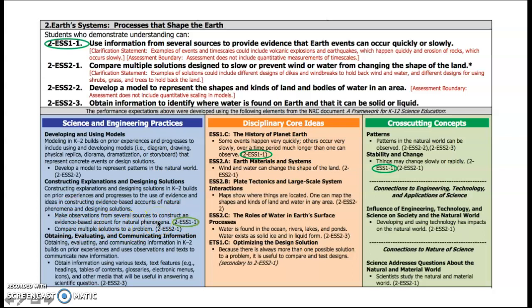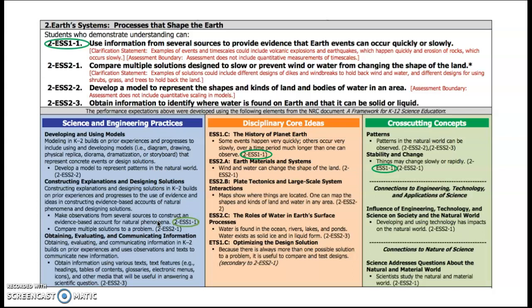So basically, you're allowing your students to go in and observe how the Earth can change quickly or slowly. Maybe it's by videos, maybe it's by actually going out into your community and seeing that after a big rainstorm, it washed away the rocks or created a crater somewhere.